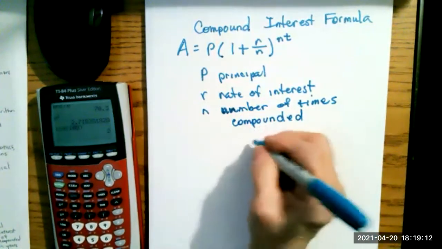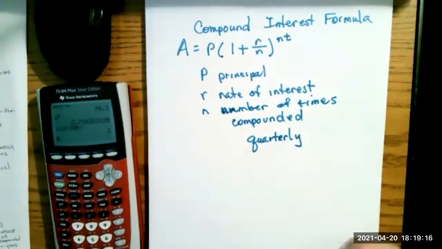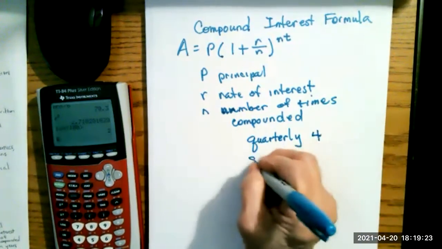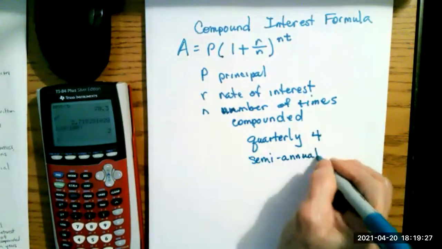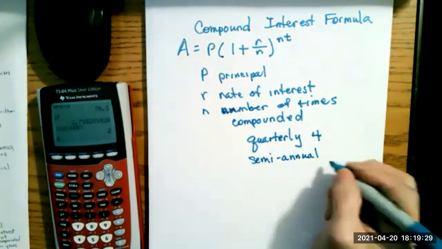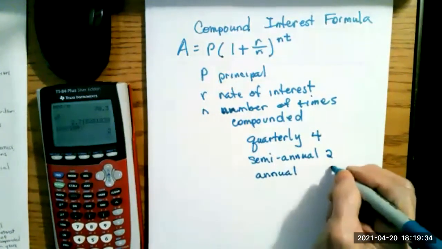So if it was compounded quarterly, how many times would that be? 4. Mm-hmm. If it was semi-annual, how many times would that be? 2. Twice. And if it was annual, it would be 1.